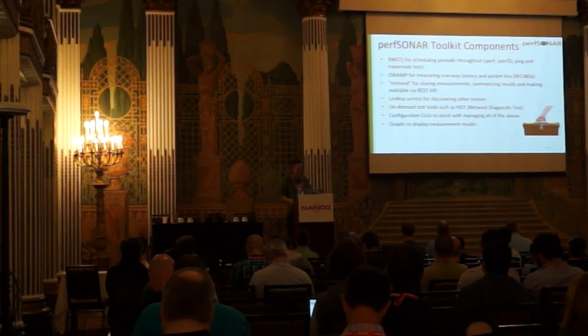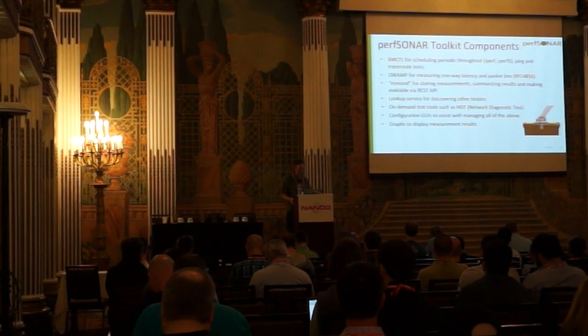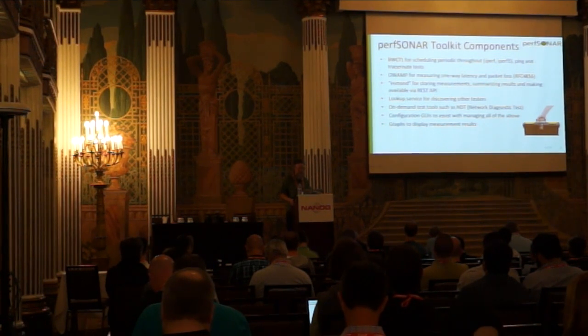So it's not really about bandwidth anymore, but I don't think we're going to change the name. That'll confuse everybody. There's a tool called OWAMP, which is actually RFC 4856, for measuring one-way latency and loss, and it actually measures jitter and reordering as well.